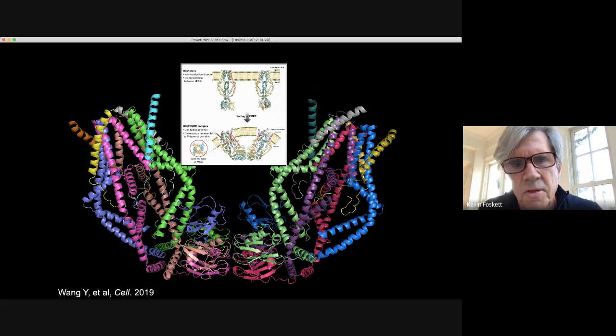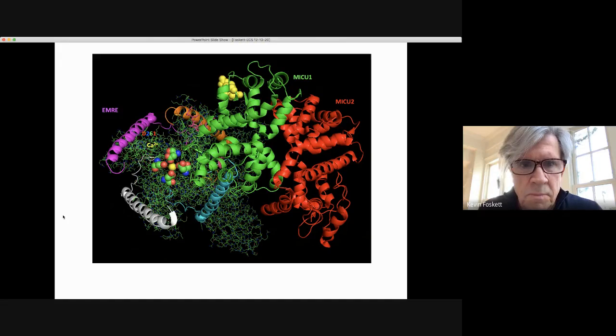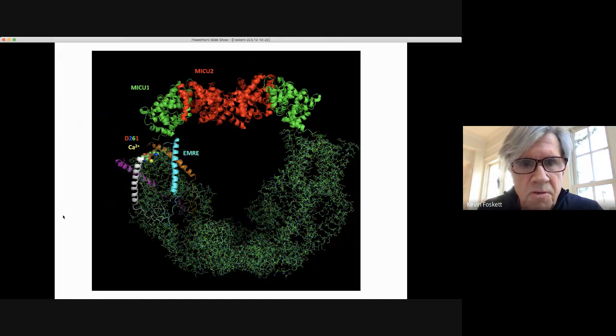And I wanted to show this because they suggest that this could be localized at cristae junctions with the outer membrane, positioning it in very close proximity to the cytoplasm of cells. So here's my depiction of what I just showed you.